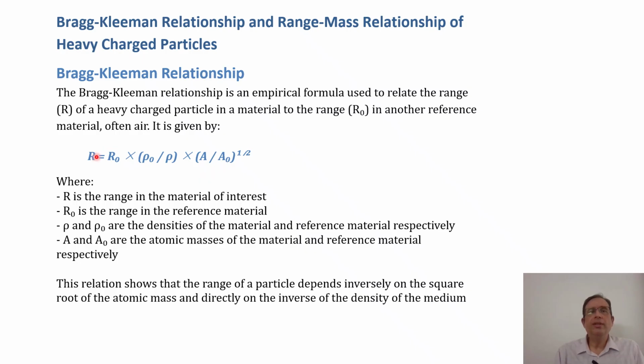So this shows that R depends upon A, and it is inversely dependent upon rho. So the higher the atomic mass of the medium, the more the range, and the higher the density of the medium, the lower the range. Of course, the dependence on A by A naught is a square root dependence. So our range depends upon the square root of the atomic mass of the medium.